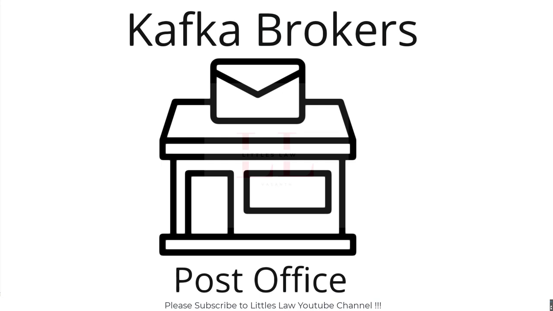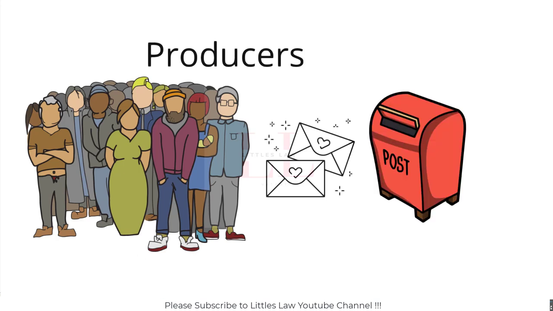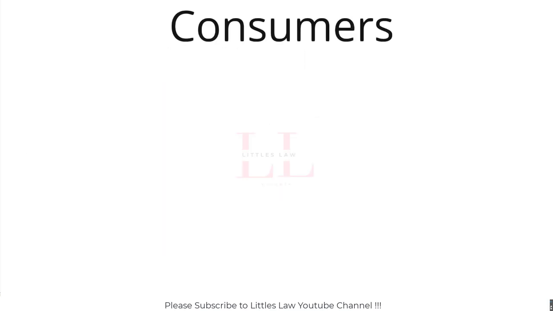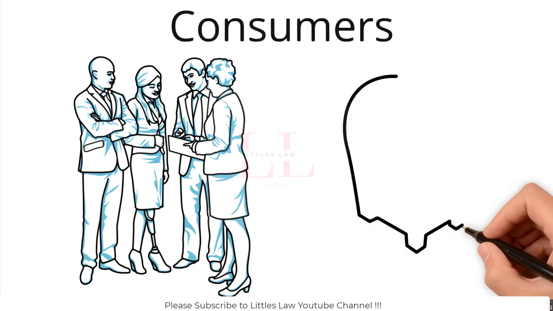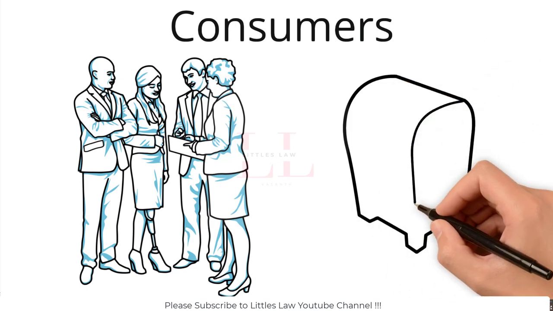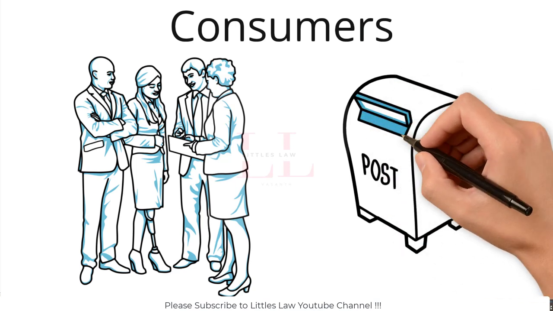So let me give you a quick review on how Kafka works. Producers send a message to a topic. So let me show you. These producers send messages to a topic, and these messages are stored in the topic's partitions. And then the next part, which is the consumers. These consumers subscribe to the topic and read the messages from partitions, and Kafka ensures the messages within a partition are read in the order they were produced.